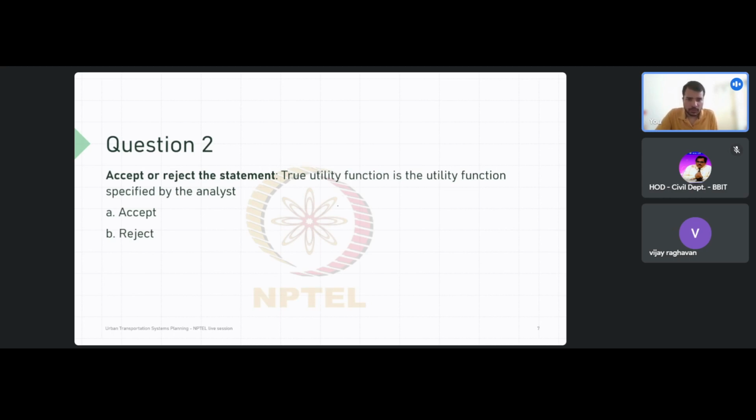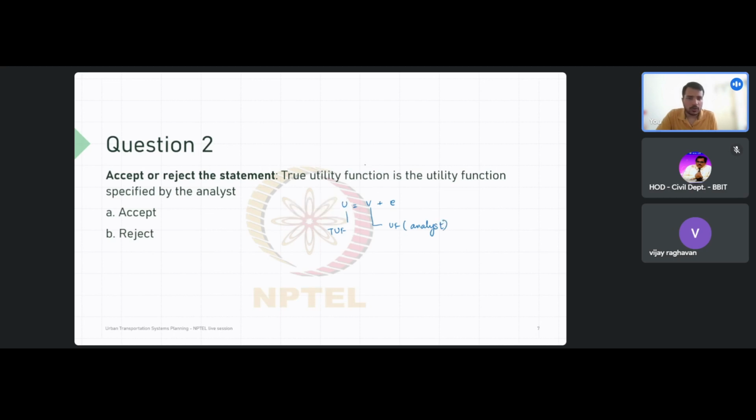So as we saw in the previous question also, we'll just go over it quickly again. U is V plus e. U is the true utility function, V is the utility function given by the analyst.